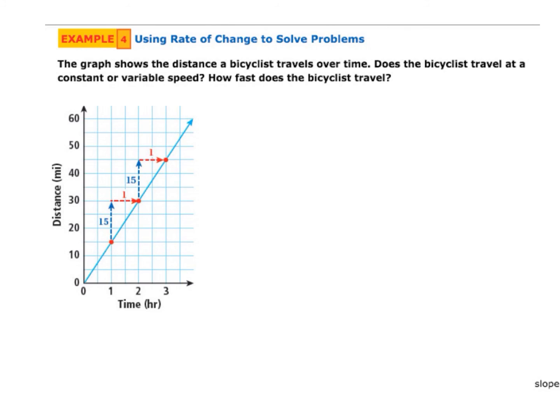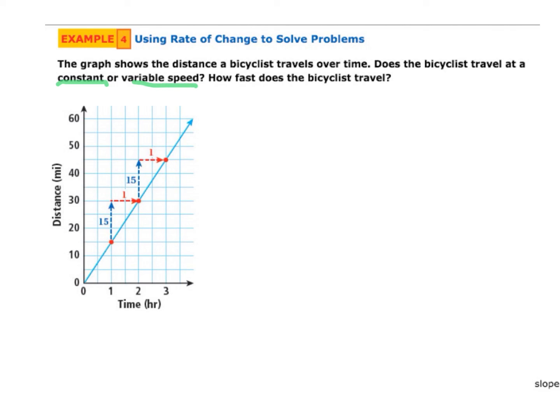So let's take a look at an example. We have a graph of a bicyclist traveling a certain distance, on the y-axis, over time on the x-axis. Does a bicyclist travel at a constant or variable speed? Variable would mean our line changes slopes over time.